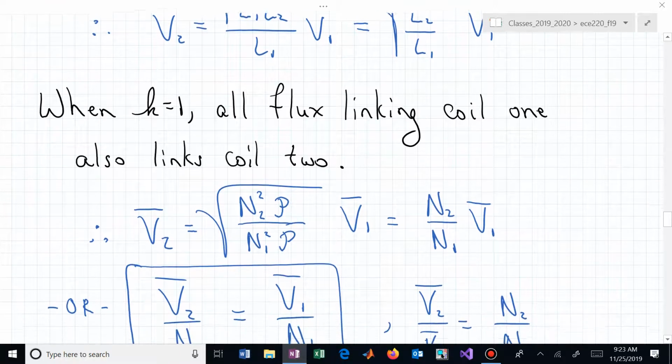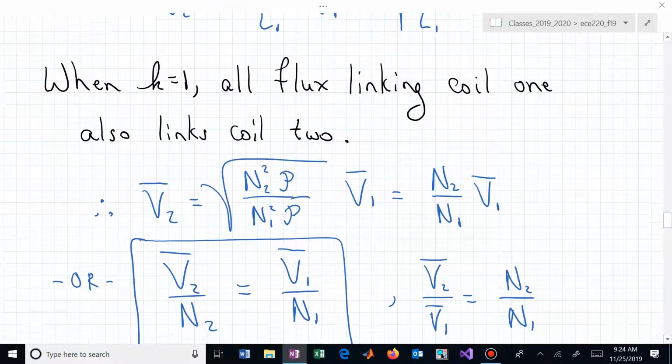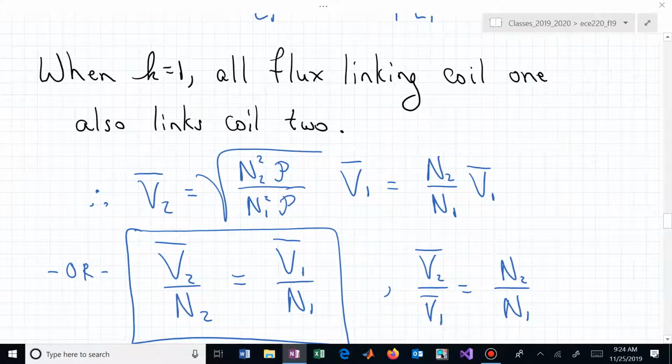And when K is equal to 1, all that flux that links coil 1 also links coil 2. The permeance, remember, was high. The permeance is the same in both, and the inductances L1 and L2 are simply, what did I say first?